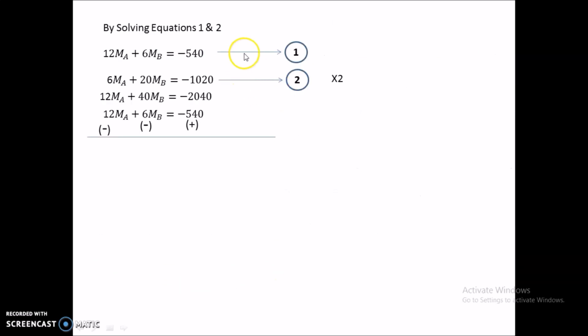So now by solving equations 1 and 2, we will get the values of MB as minus 44.12 kilonewton meters and MA as minus 22.94 kilonewton meters.